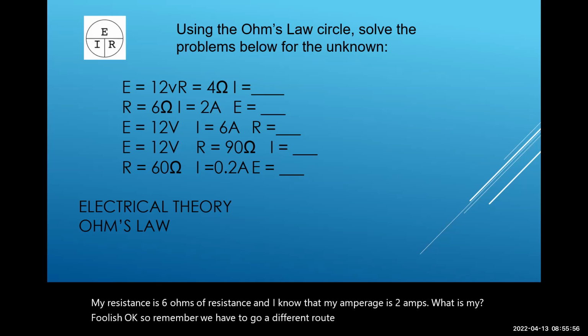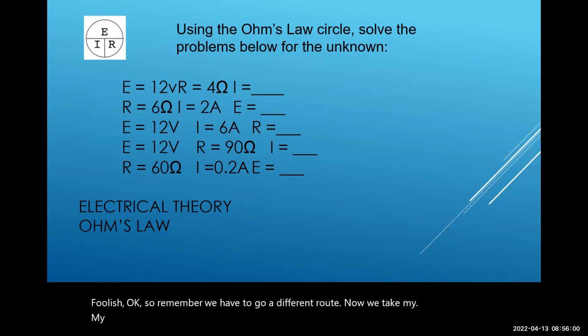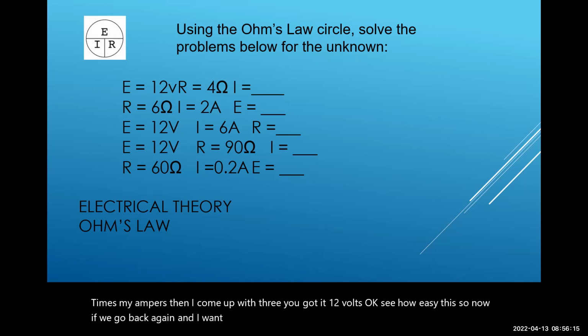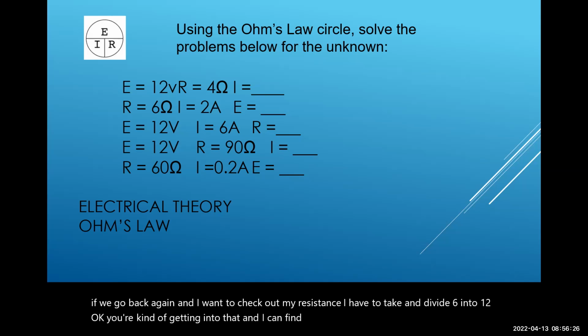We take my resistance times my amperage, and I come up with, yeah, you got it, 12 volts. See how easy that is? Now if we go back again and I want to check out my resistance, I take and divide 2 into 12, and I can find out my resistance of 6.